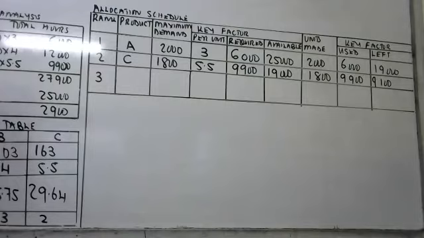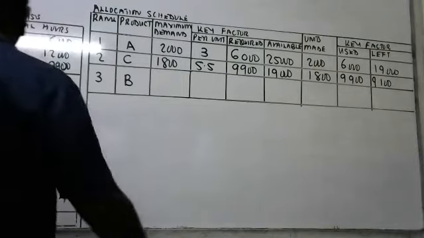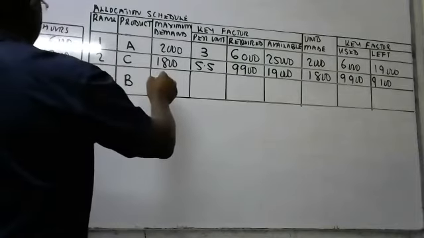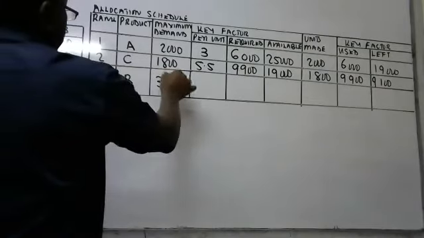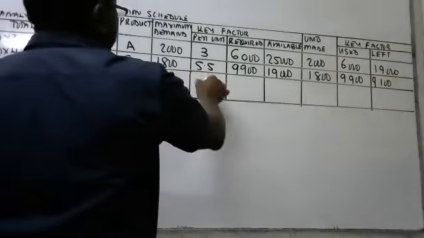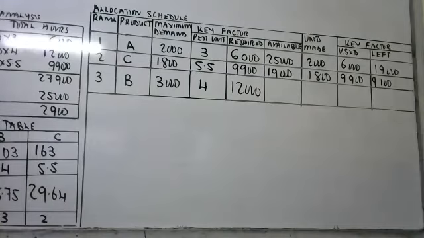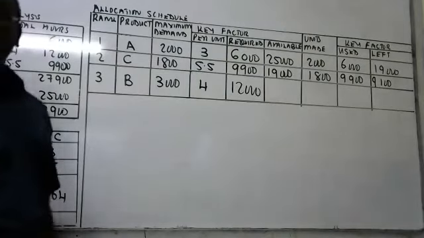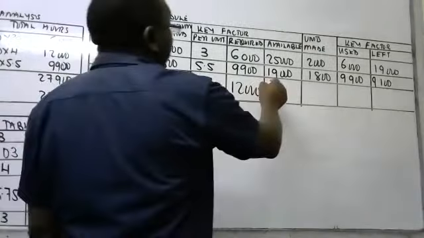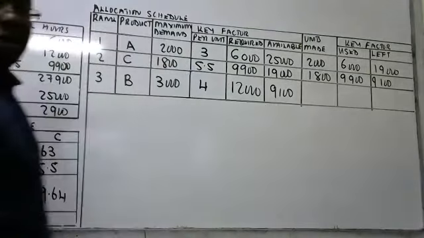When we go to number 3, it is product B, which has a demand of 3,000. The key factor per unit is 4 hours. So that means we must have 12,000. And then the available is 9,100. So that means we cannot afford.